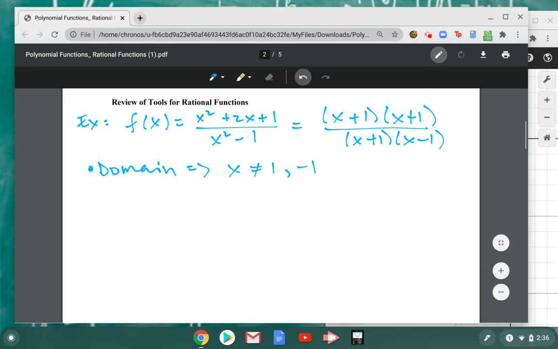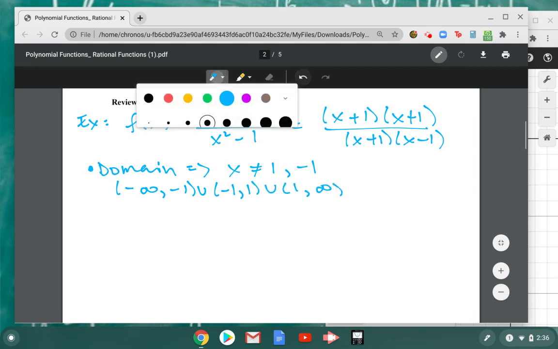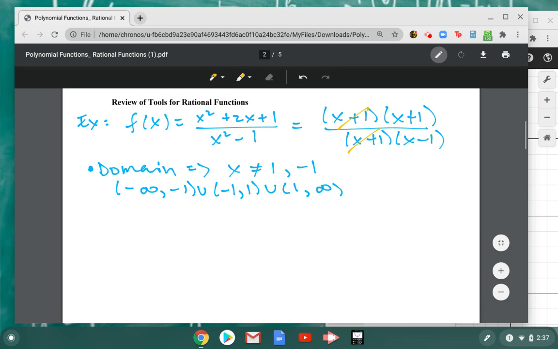We were writing those as intervals, so you can write that as the interval negative infinity up to negative 1, union, negative 1 to 1, union 1 to infinity. What's important though here in terms of the rational function is that I can cancel this x plus 1. That tells me that I have a hole at negative 1. Let's put the arrow there. So I've got a hole at negative 1.